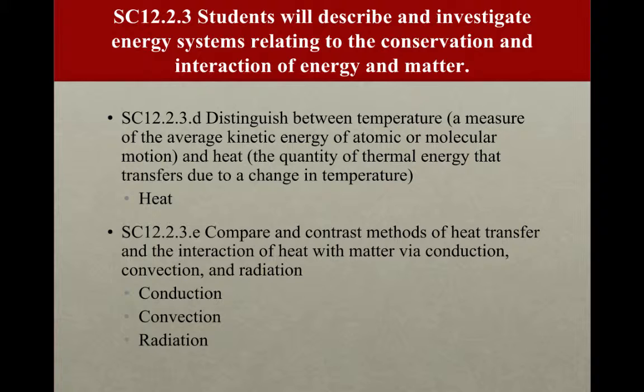So heat rises, and so it's less dense than cold air. So heat will rise, cold air will drop, and there can be a circulation of heat through your house. There's convection currents similar to that in the oceans, where you have warm water and cold water circulating because of their temperature differences, convection.